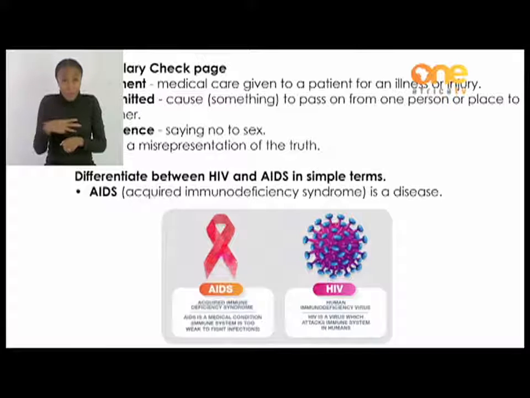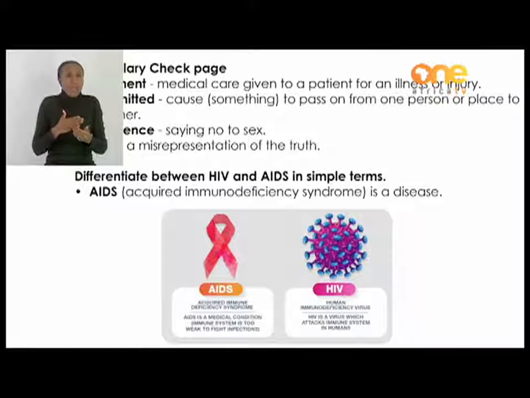HIV is a virus which attacks our immune system. It weakens our white blood cells, which makes our immune system, or let me say our defense mechanism, weak and unable to fight infections or diseases.